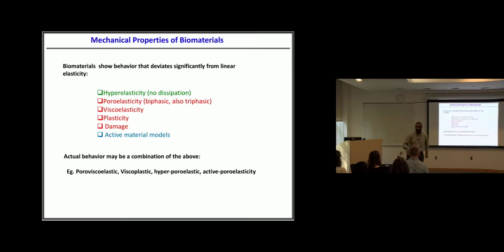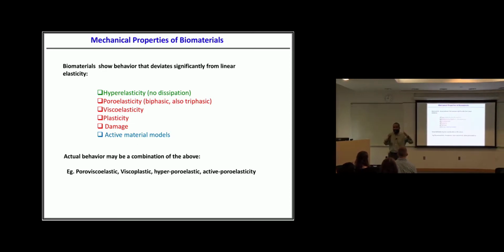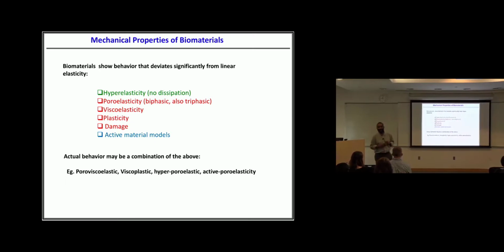That's an approximation. So what we want to think about is what are the different types of behaviors that these materials display, and there's a list of those. I think it's a more or less complete list. So today what I want to do is go through each one of these types of mechanical responses.